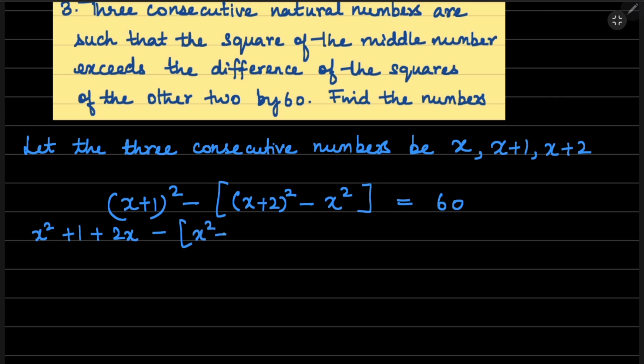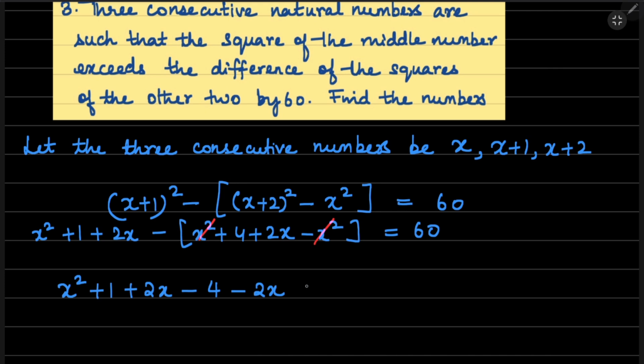So you have x square plus 4 plus 2x minus x square equal to 60. So x square minus x square gets cancelled. Let's take everything outside the square bracket. So you have x square plus 1 plus 2x minus 4 minus 2x. Okay, we'll bring the 60 also to LHS, minus 60 equal to 0.